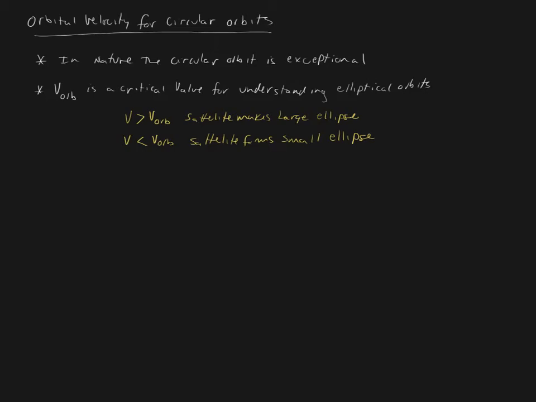So let's start first by drawing the Earth. And then we're going to put around the Earth the circular orbit. And then we're going to look at what happens when you're going too fast. We're going to look at number 1 here. Okay.